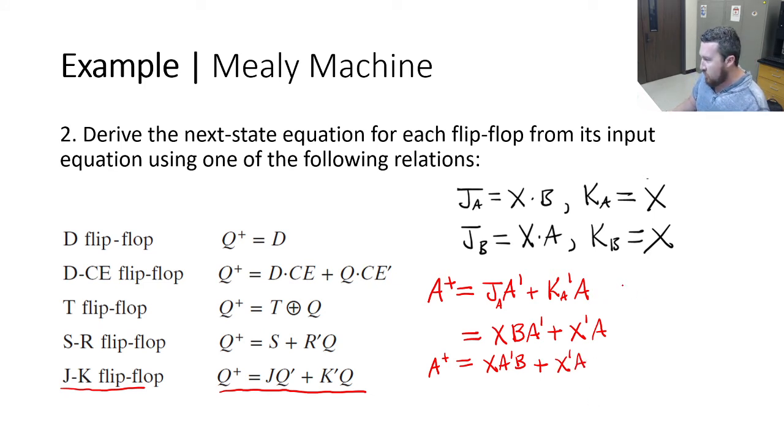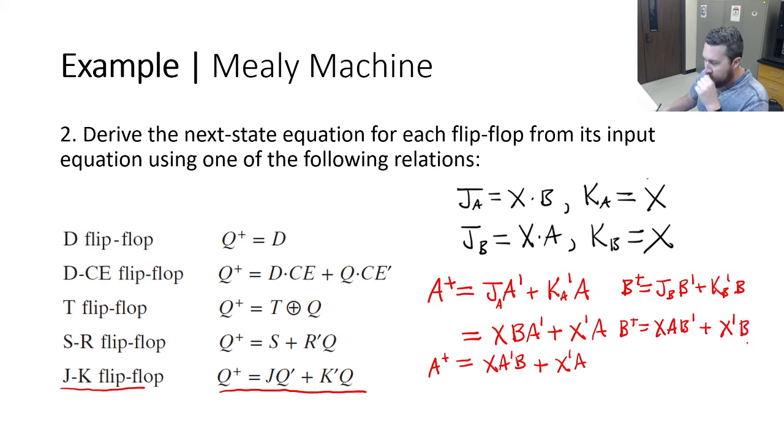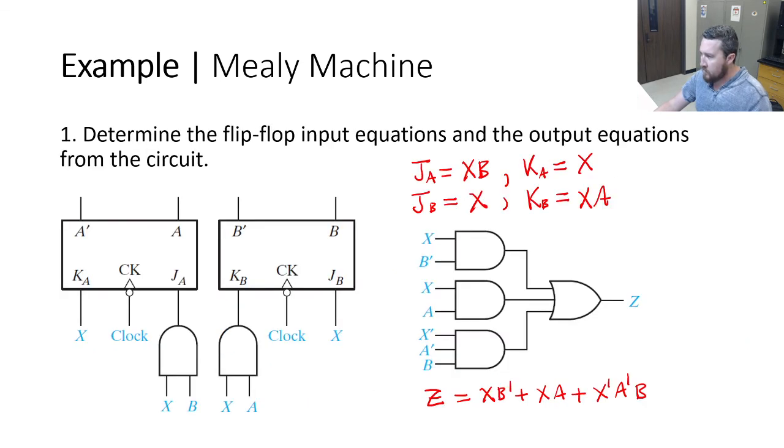And we'll see a similar thing for B plus. It should be JB, not A. So JB B prime or KB prime B means that B plus is going to be equal to XA B prime or X prime B. Make sure I got that right.